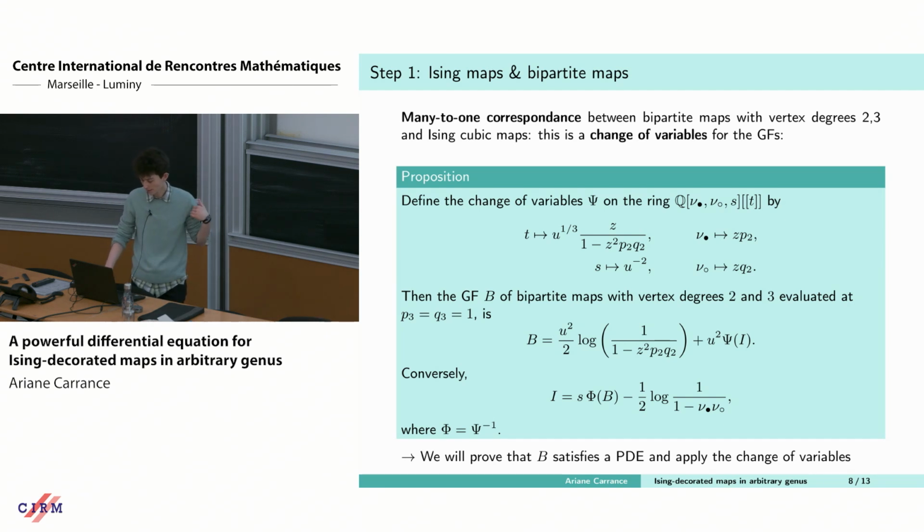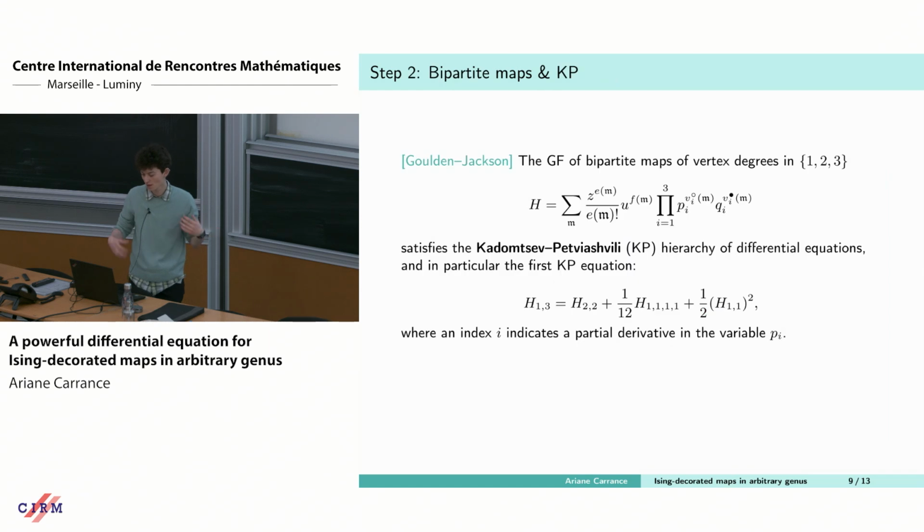So now that we're in the world of bipartite maps, a very important feature about them is that if we now allow vertices of degree 1, we'll have a generating function H that satisfies the so-called KP hierarchy of differential equations, in particular the first one.